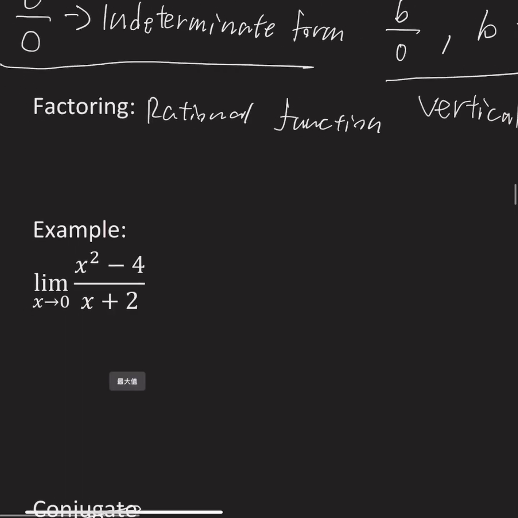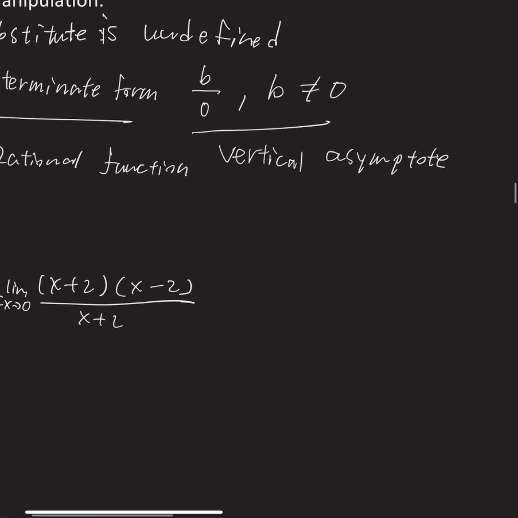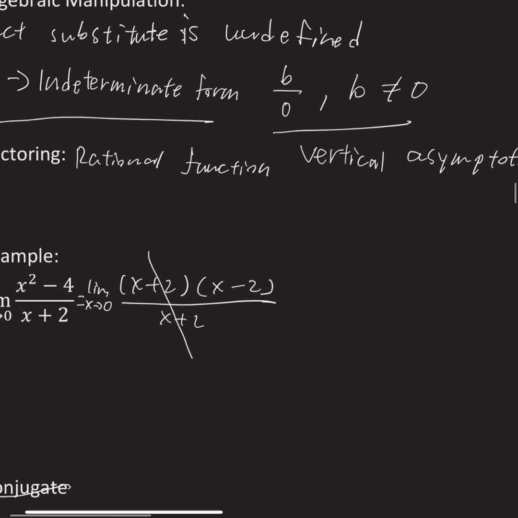For example, this function, the limit of x approaches 0 of x squared minus 4 over x plus 2. We can factor the top side. It's x plus 2 times x minus 2, over x plus 2. Don't forget the limit sign. Limit of x approaches 0. And we see this cancels out.